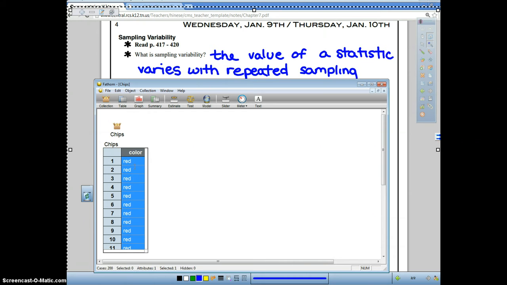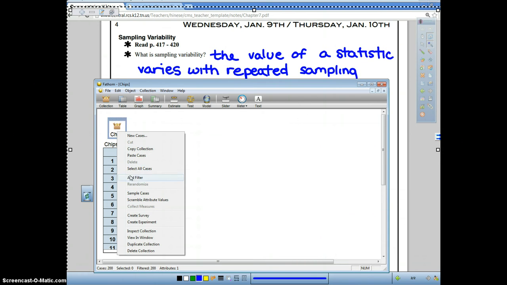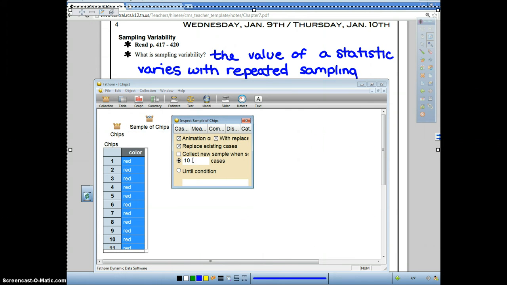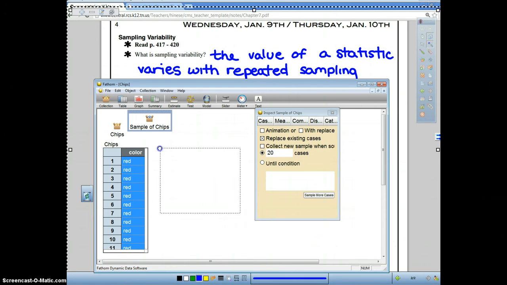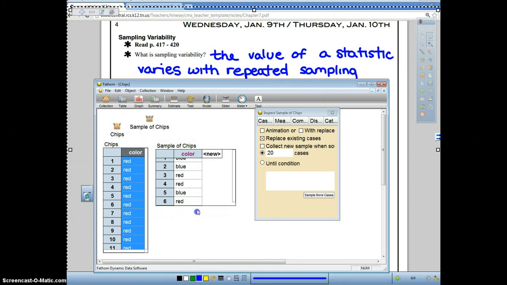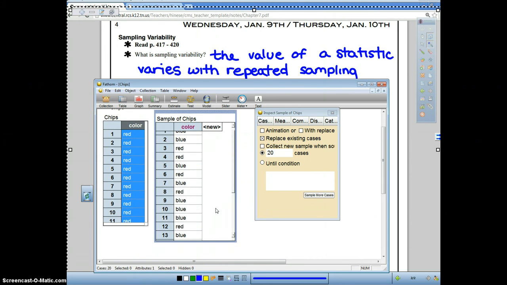And let's get a sample of chips here. I'm going to select sample 20 cases. Okay, and if I look at my 20 cases, I will see that some of them are red and some of them are blue.